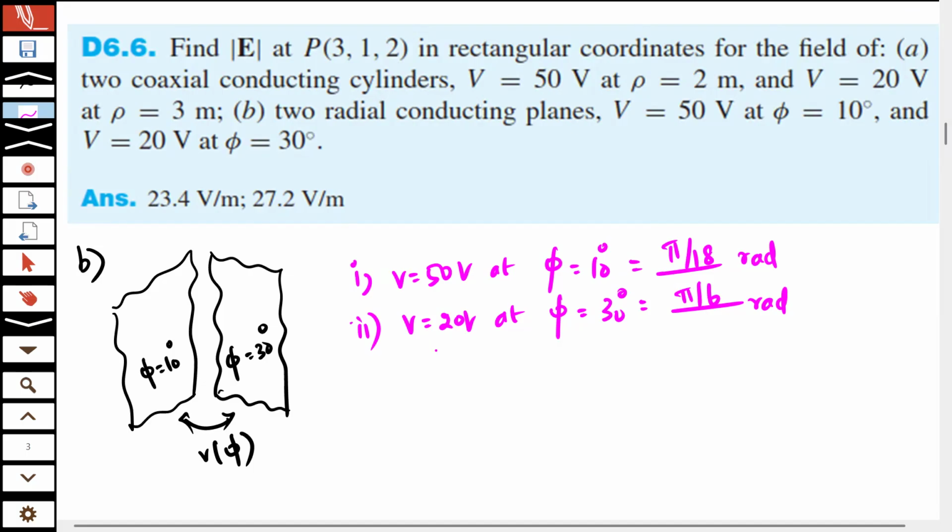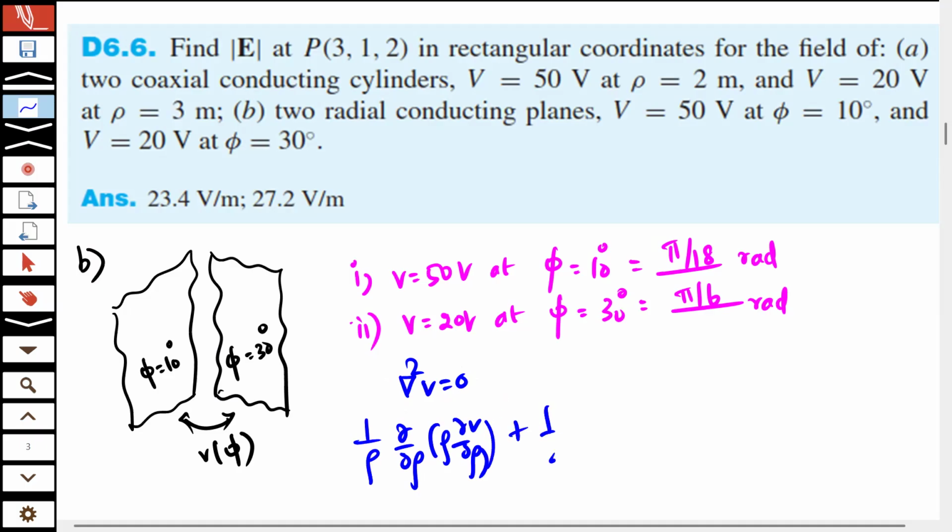Now we can consider these boundary conditions and solve the Laplace equation to get the potential function, which is a function of phi. So we know the Laplace equation is del square V equals 0. In cylindrical system, it is 1 by rho, dou by dou rho of rho dou V by dou rho, plus 1 by rho square dou square V by dou phi square, plus dou square V by dou z square equals 0.